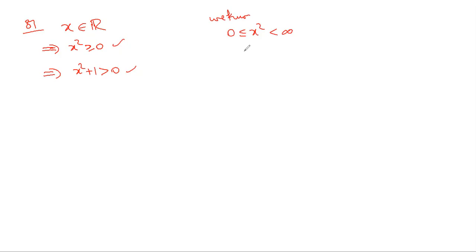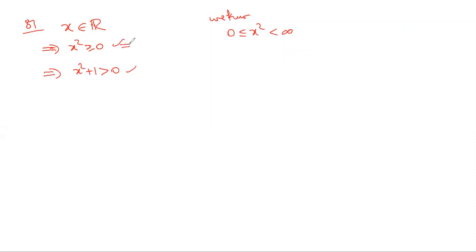Now I divide with a positive quantity throughout. So divide with what is that? X square plus 1. So before dividing with x square plus 1, I would like to write this fact also. What is that fact?